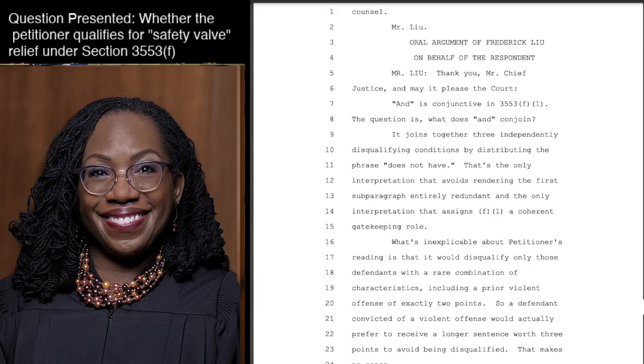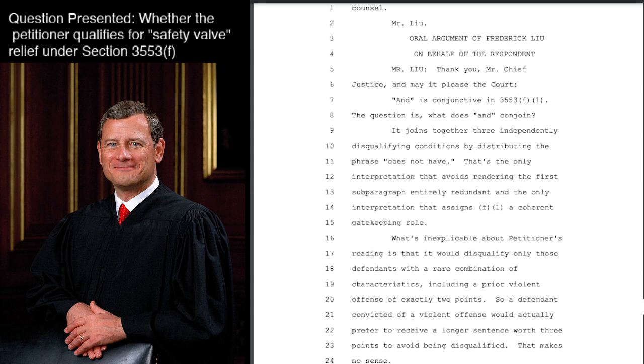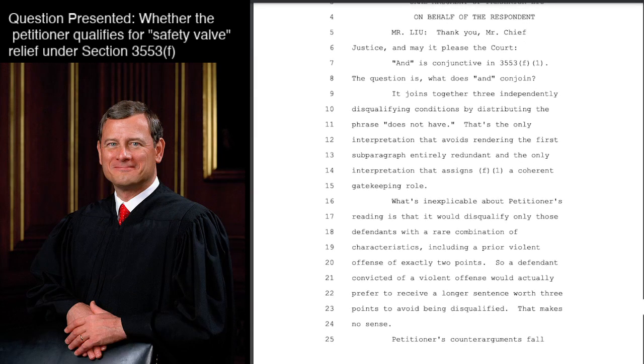Mr. Liu? Thank you, Mr. Chief Justice, and may it please the Court. "And" is conjunctive in 3553(f)(1). The question is, what does "and" conjoin? It joins together three independently disqualifying conditions by distributing the phrase "does not have." That's the only interpretation that avoids rendering the first subparagraph entirely redundant, and the only interpretation that assigns (f)(1) a coherent gatekeeping role.